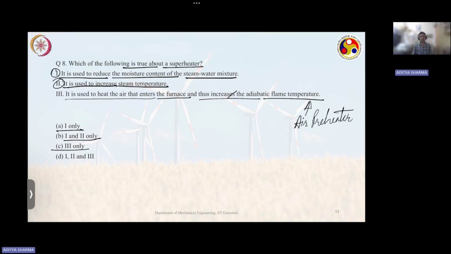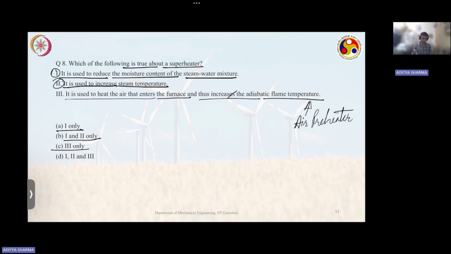Now we have seen in our discussion on superheaters, when we were discussing the modified Rankine cycle, that we don't want moisture in our steam that enters the turbine because that can be harmful to your turbines, right? So we want to remove this moisture, and that we do by further heating the steam, so that there is no moisture in this steam.